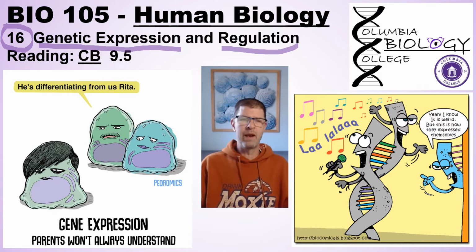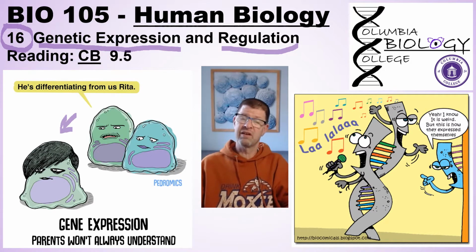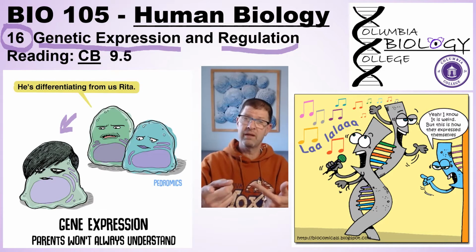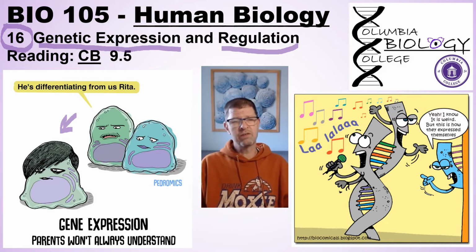So we have some parent cells here that are looking at Junior. It says he, which is surprising because it ought to be a daughter cell, right? Okay. Anyway, Junior looks a little bit goth, maybe just a little bit anti-establishment, I'm guessing.